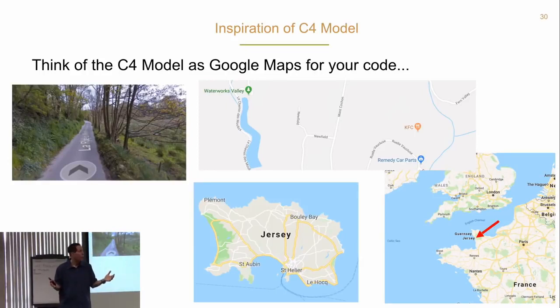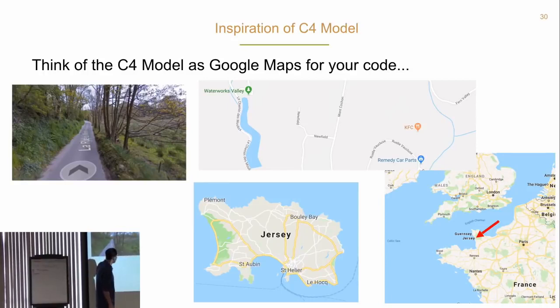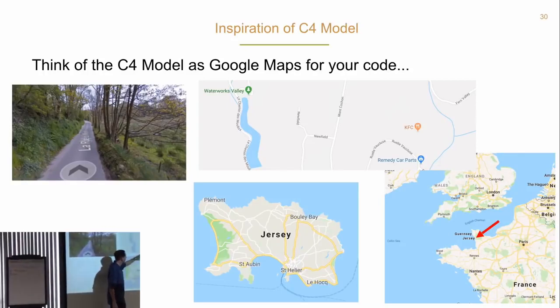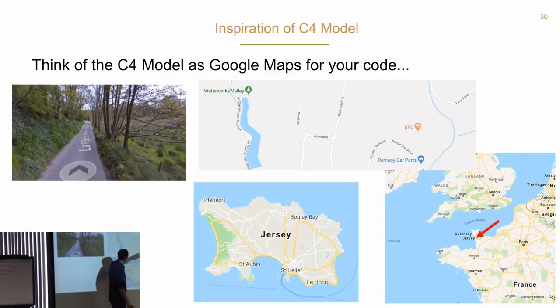So we need to have some type of context around this, and so we start zooming out. As he used this example of the street, he said, where is this at? We started thinking, oh, it's by a KFC, Remedy Car Parts, it's over by Fern Valley, probably here in the United States, right? And as we zoomed out, it's in Jersey. You can stop by and say hi to Snooki.